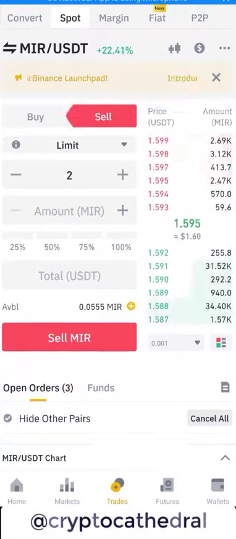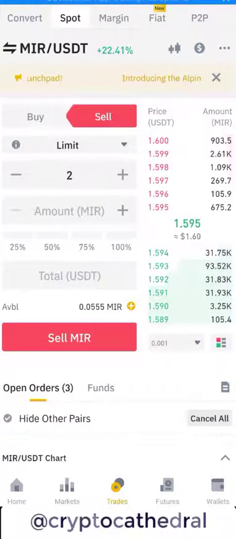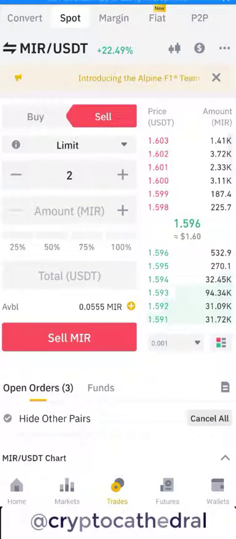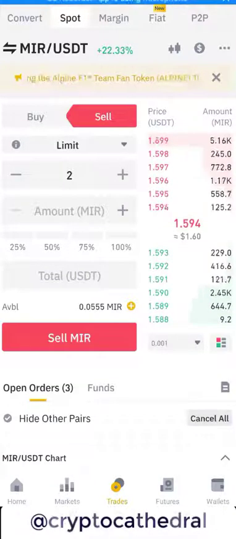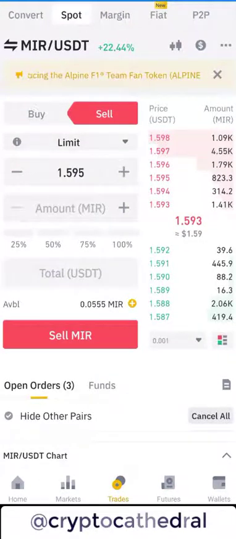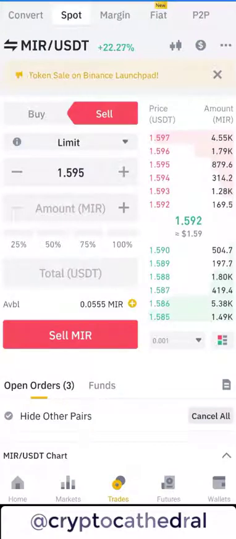So once the price gets to $2, whether I'm online or offline, that trade will be executed automatically, and the MIR I bought will be converted back to USDT. That simply means I've taken my profit. Okay, so if you're a trader, a day trader or a swing trader, you may want to consider working with your buy and sell orders, because that is what will help you make profit very well.